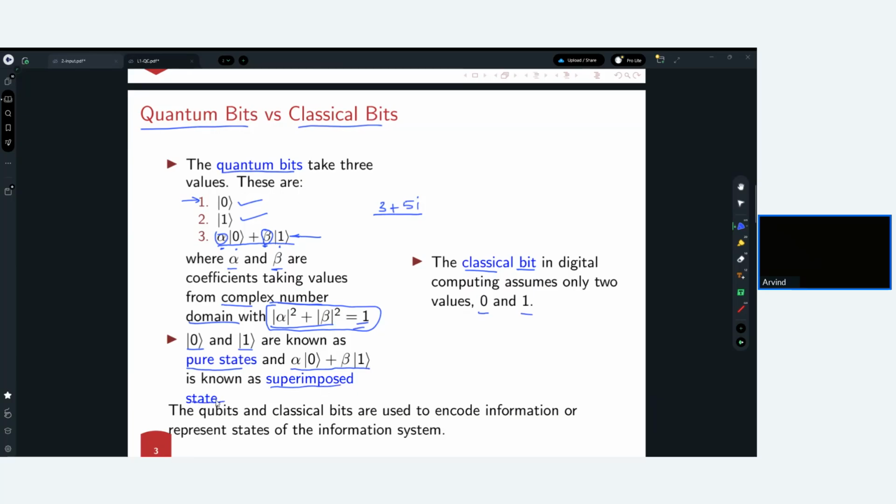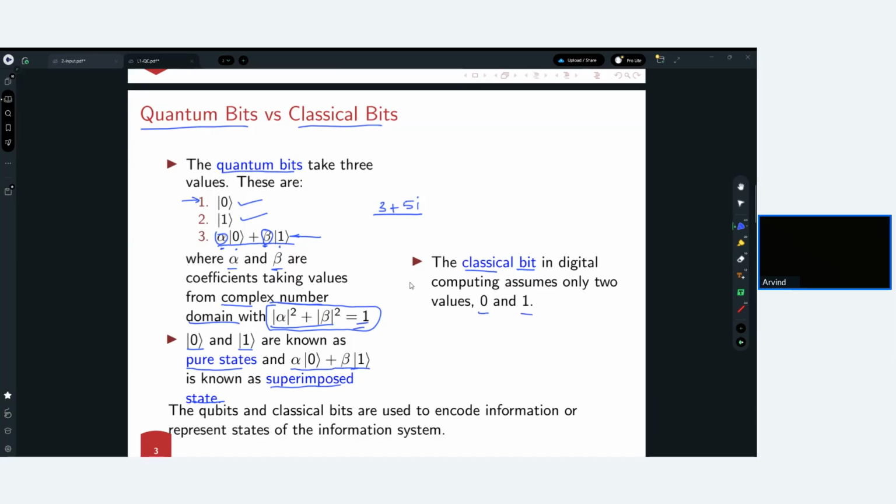So now in a qubit, there are two different types of states. One is the pure state, which takes two different values, qubit 0 and qubit 1. And the third state, which we are calling the superimposed state, takes the value of alpha times qubit 0 plus beta times qubit 1. In addition to that, the norm of alpha squared plus the norm of beta squared should be equal to 1.